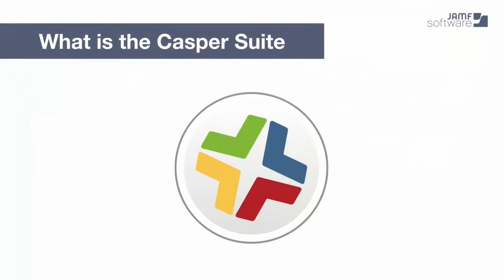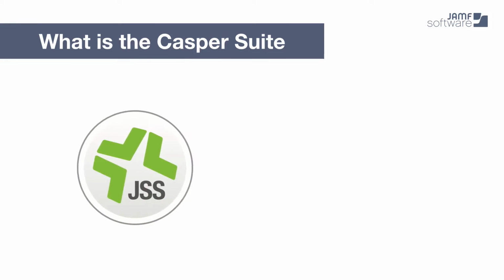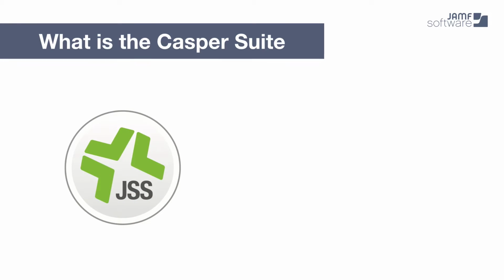The way we do that, we create the Casper suite. Now, as the name implies, the Casper suite is a collection of a few different pieces of technology. The server, or I should say the brains of the Casper suite is the Jamf Software Server, or JSS.